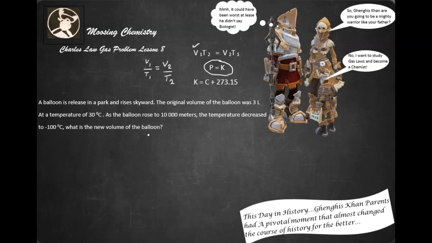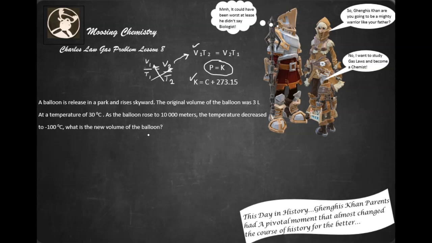But that's kind of hard dealing with fractions. So what we do is we simply move this up here and that up there to get this equation here, which is a lot easier for your brain to read, actually. Also, you want to make sure that your temperatures are not in Celsius, but in Kelvin.